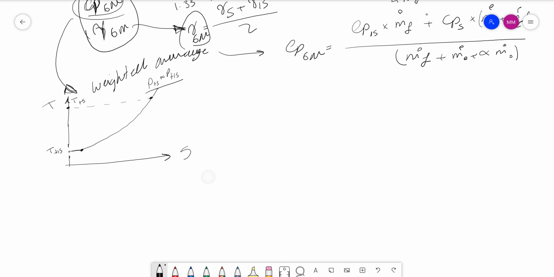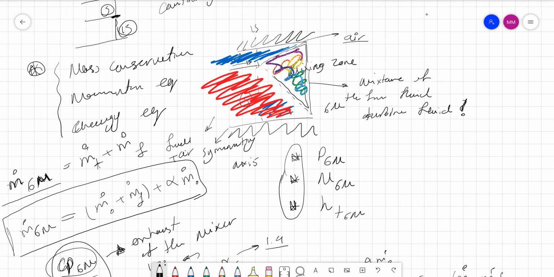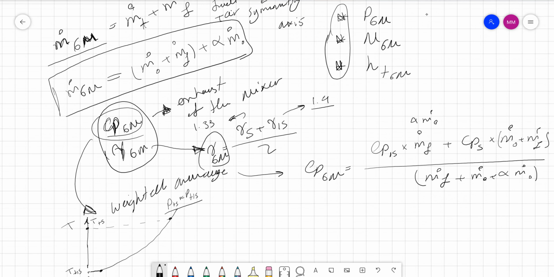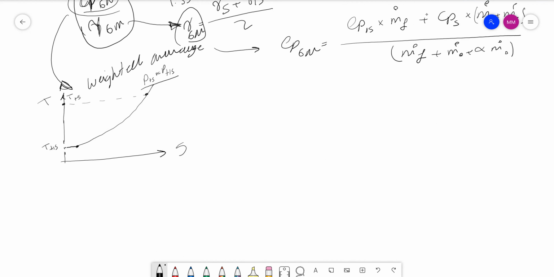Okay? And these two get together in the mixing layer. Yeah, the mixing zone, right? It is also called the shear layer, right? Which means that the temperature at T15 is going up, right? So you have some heating happening here. But the temperature after the turbine is becoming colder and colder. Okay?